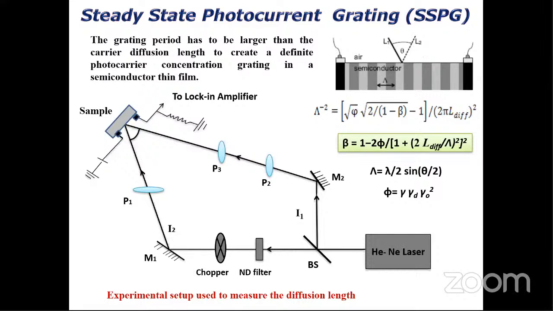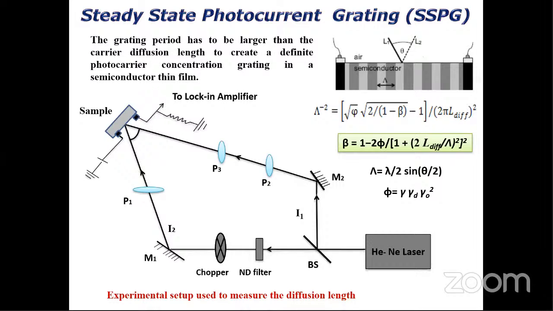Then another experiment, that is the steady state photocarrier gating experiment. This is a very good experiment through which we can find out the diffusion length and all those things, because all of us know whenever we are going to use these materials for optoelectronic and device purposes, we must know all the parameters, like carrier lifetime, diffusion length, energy band gap, conductivity, photosensitivity, very important parameters.